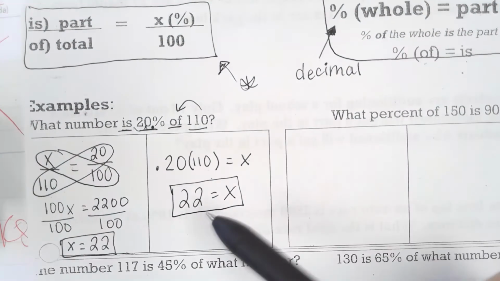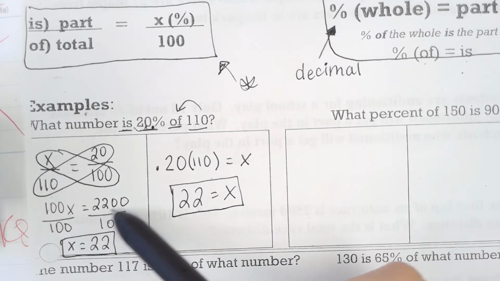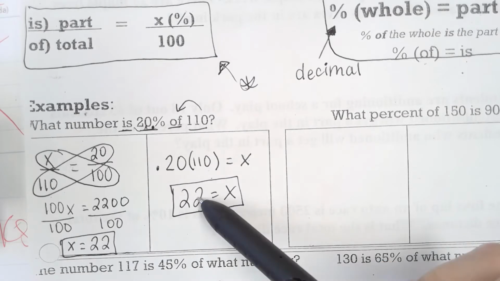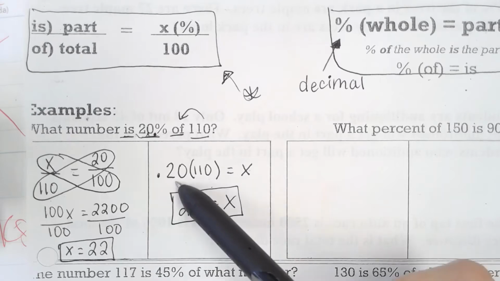So this way obviously was a lot faster because it only took one step to get to our answer. This way we had to cross multiply and then divide to get our answer. However, whenever students use this formula, one of two things happens. One, they forget to change percents to decimals.